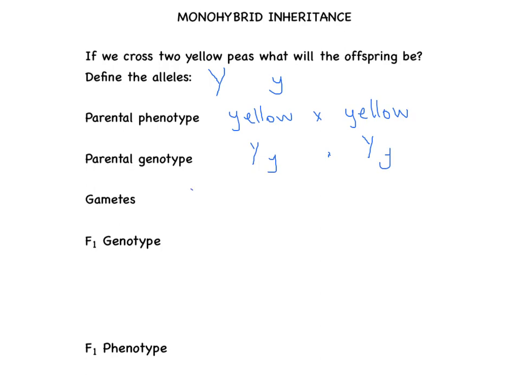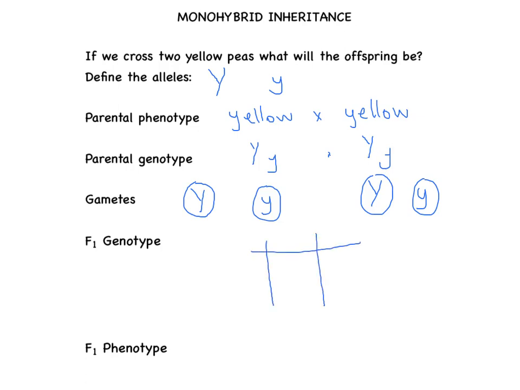So we will have a big Y gamete. You always put the gametes in circles. A little y gamete from this parent, and then a big Y gamete and a little y gamete from this parent. So to work out the F1 genotypes, we do a Punnett square, where we put the big Y, little y, big Y, little y.